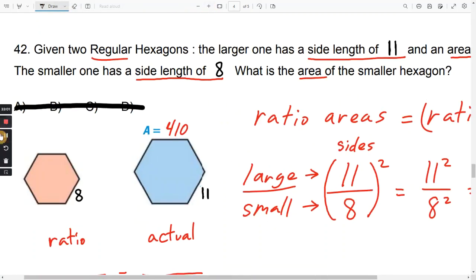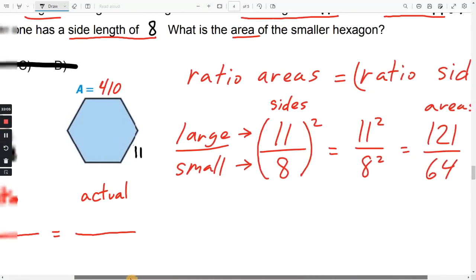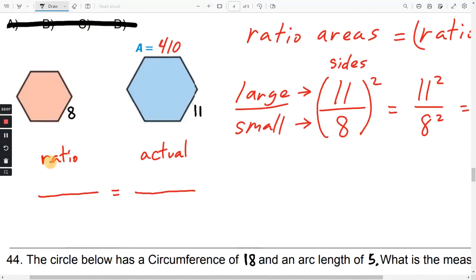Alright, so let's see. We said the ratio was 121 over 64. Notice I am keeping the large one in the numerator and the small one in the denominator. Now, for the actual area, I guess I should write actual area. It was given that the larger one is 410.